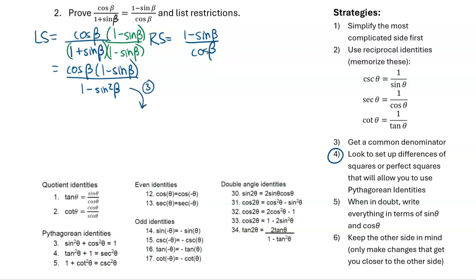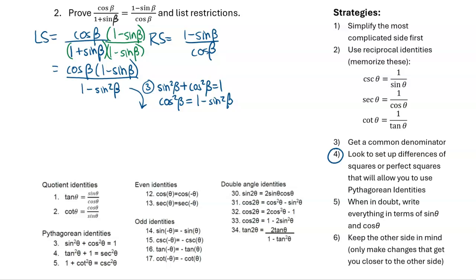identity number 3. And so because identity number 3 says sine squared of an angle, beta in this case, plus cos squared of an angle, beta, equals 1, if I rearrange that for cos squared beta, what I get is 1 minus sine squared beta.